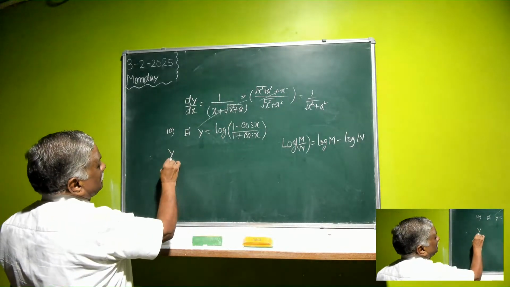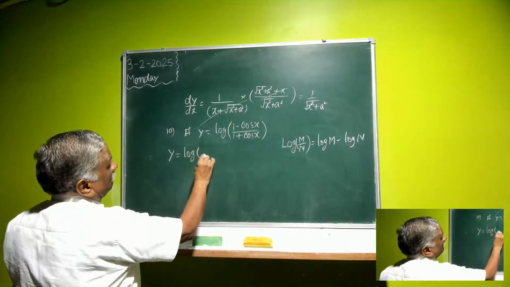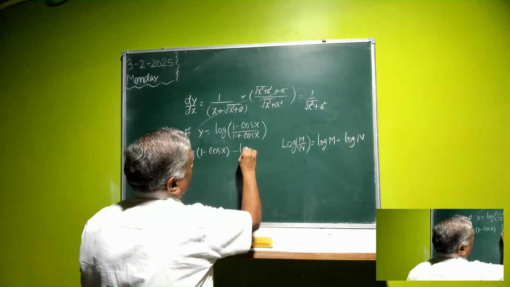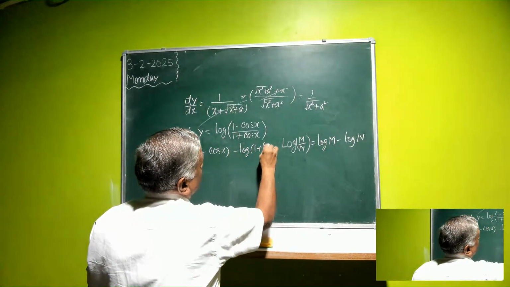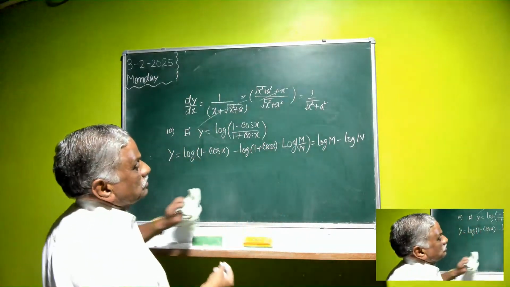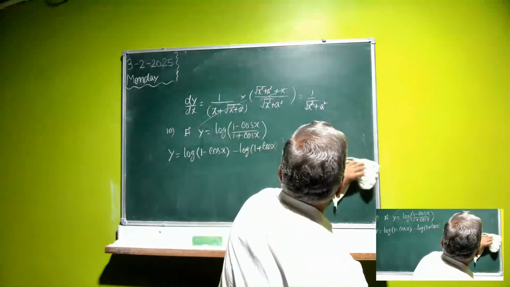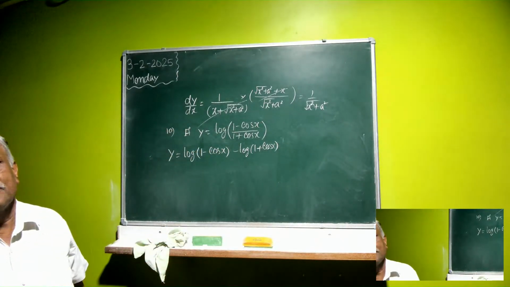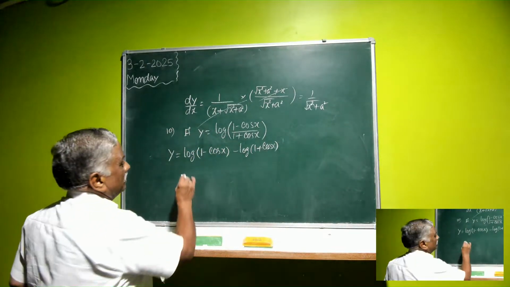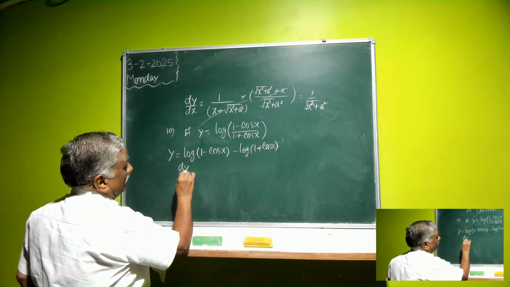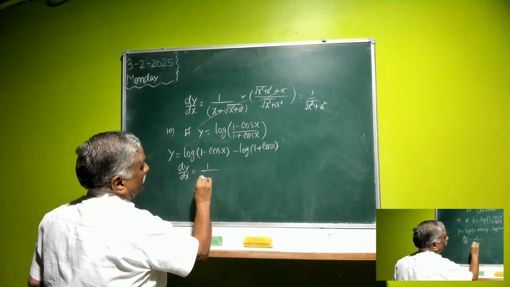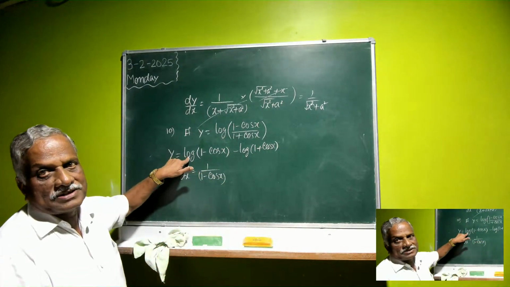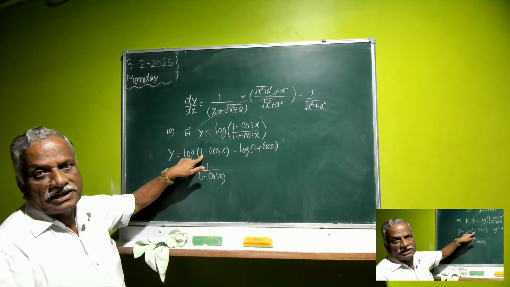So write this as y is equal to log of (1 minus cos x) minus log of (1 plus cos x). Using the formula, log m by n is log m minus log n, that formula reduces our work. See here, what do we get? dy by dx is equal to 1 over (1 minus cos x), because I need to differentiate log first, then differentiate 1, that is 0.